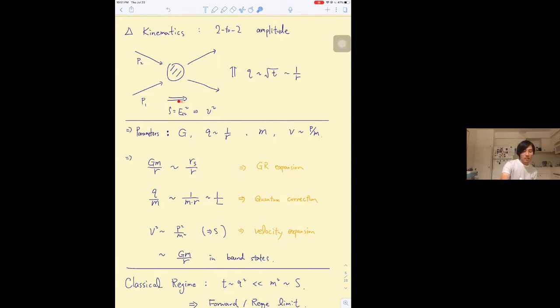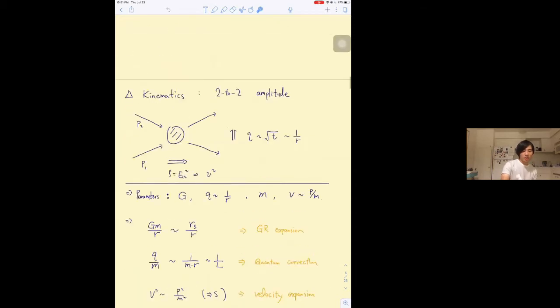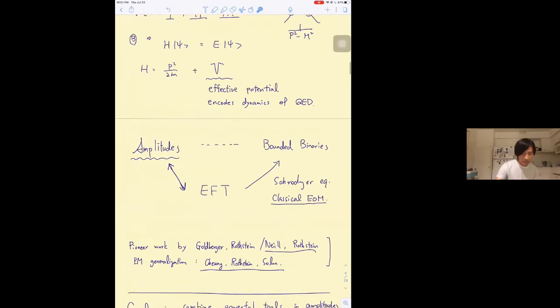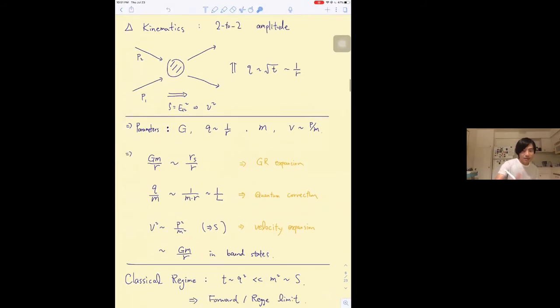The s parameter in the center of mass frame corresponds to the total energy, which is related to the velocity of this binary. The t parameter is related to the momentum transfer, so q squared is t. And in real space, q is 1/r, where r is the impact parameter or the orbital size of this binary system.